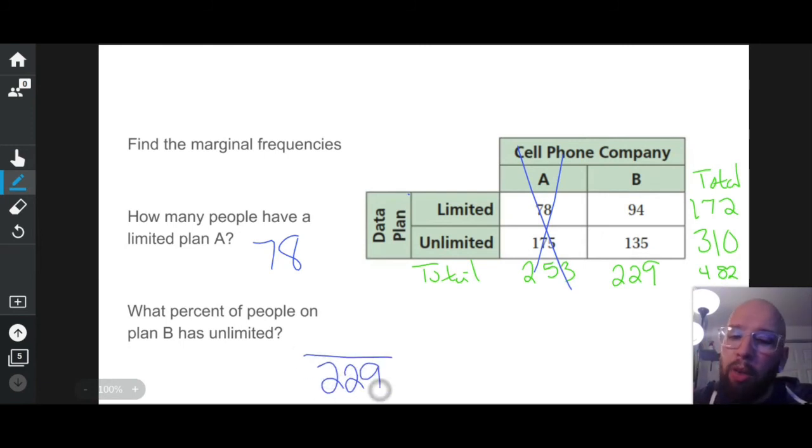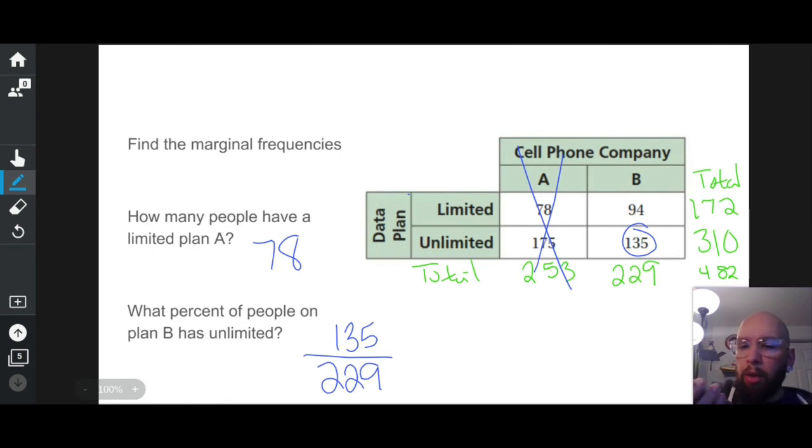I am removing A from the question. So what percent of people on plan B has unlimited? That group of people is 135. Be very careful. When it's very specific for your percents, you have to exercise a little bit more caution.